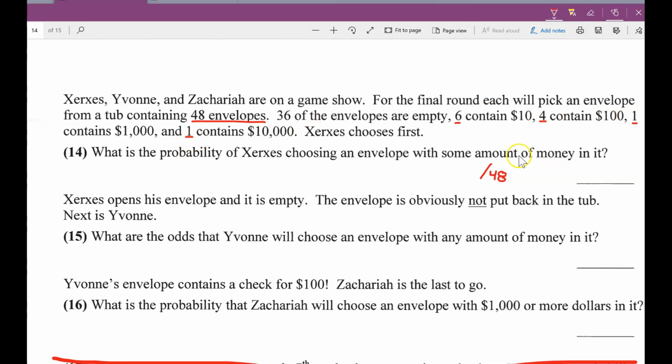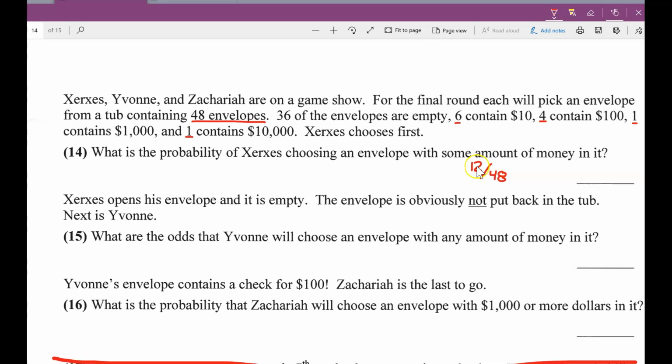There are 12 envelopes that have money in it. So the probability of him pulling an envelope with any amount of money is 12 out of 48. There are 48 possible results. Of those, 12 meet our criteria. 12 of them have some amount of money.